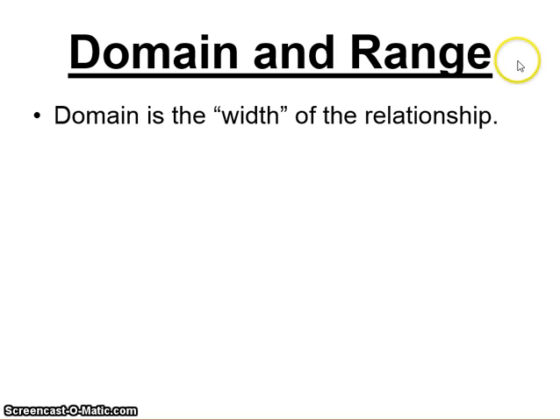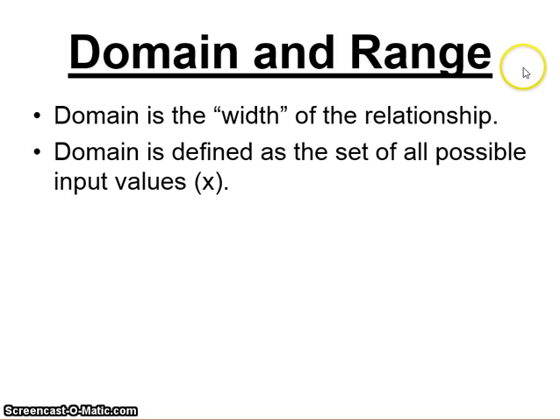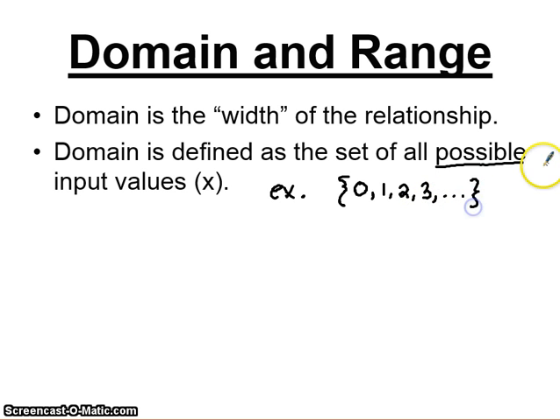Domain, like we just talked about, is the width of the relationship. It is formally defined as the set of all possible input values. The key there is possible. So, for example, if we're talking about a candle sale at school, the only possible number of candles that a person can sell is 0, 1, 2, 3, and so on in this upward pattern by ones.